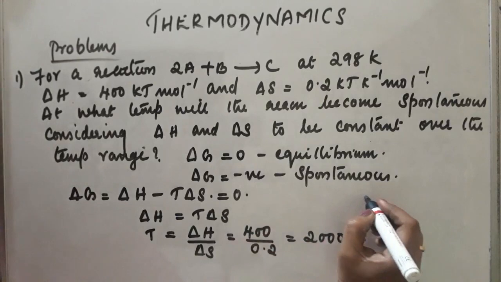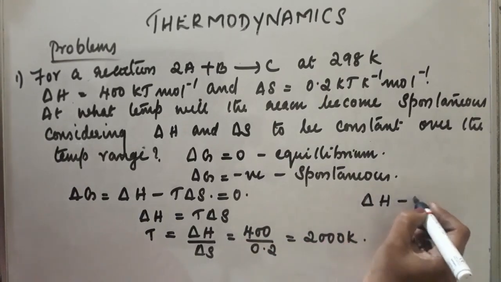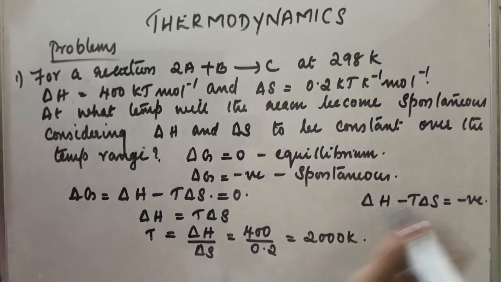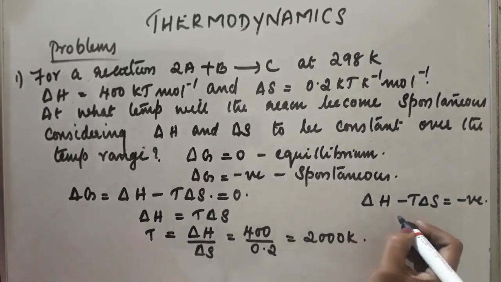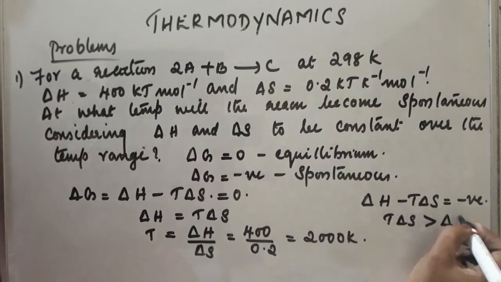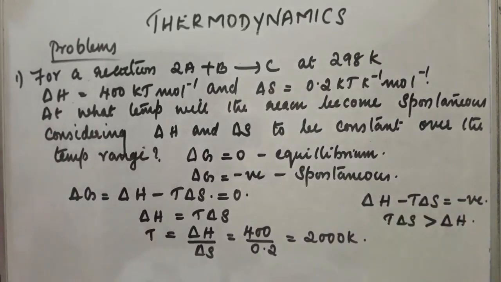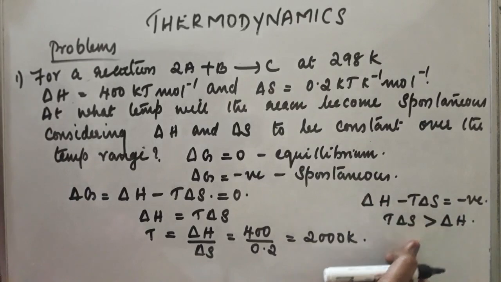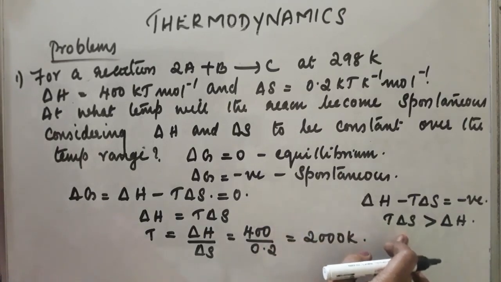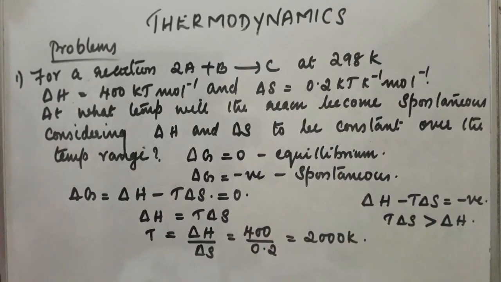And we know delta H minus T delta S must be negative for spontaneous. That means T delta S must be greater than delta H. At this state the reaction is spontaneous. This means that at temperatures greater than 2000 Kelvin only, the reaction is spontaneous.